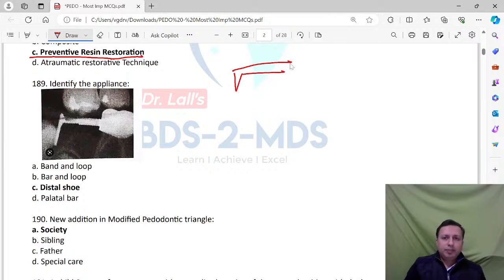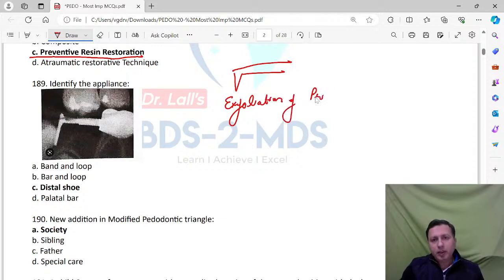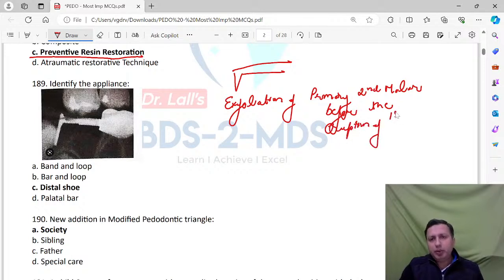Okay, so this is basically a V-shape extension appliance, which is given especially when there is exfoliation of the primary second molar before the eruption of the first molar.